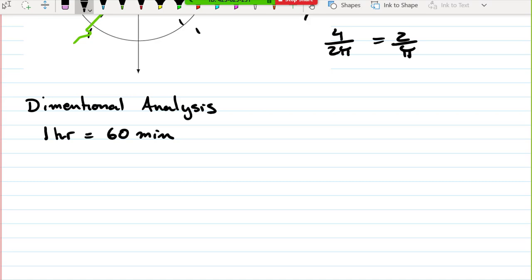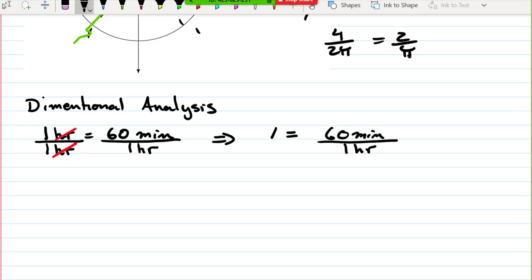So if I wish, I could divide both sides of this equation by 1 hour. And if I do that, my hours reduce out, and 1 divided by 1 is 1. So then this equation becomes 1 is equal to 60 minutes divided by 1 hour.